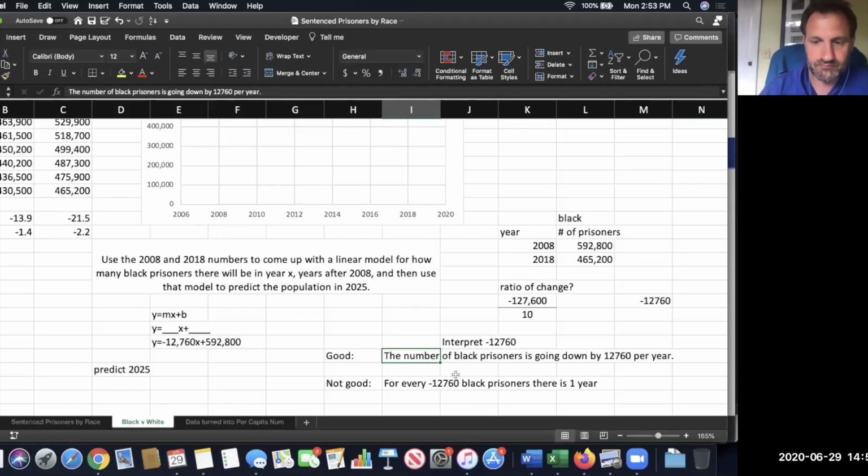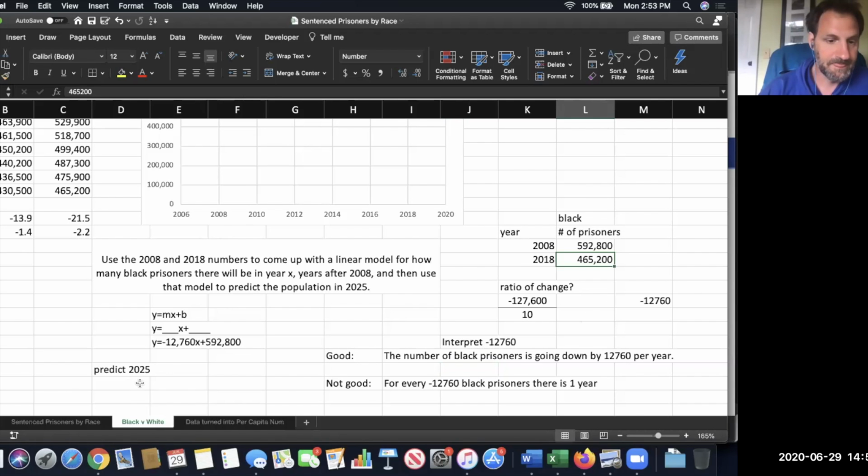So the non-algebraic way to do it would be to make this happen. Whether you start with the 2018 number or the 2008 number is up to you. 2018 is closer to 2025. So if we start in 2018, we're starting with this number and we need to go down that much every year for 7 years. And that would give us our answer.